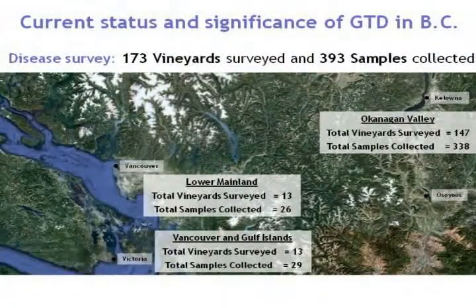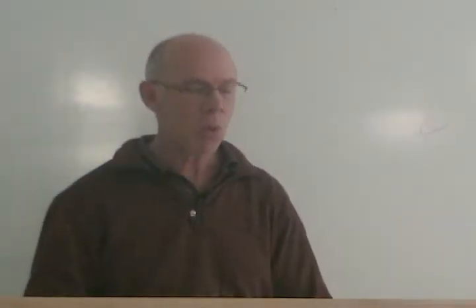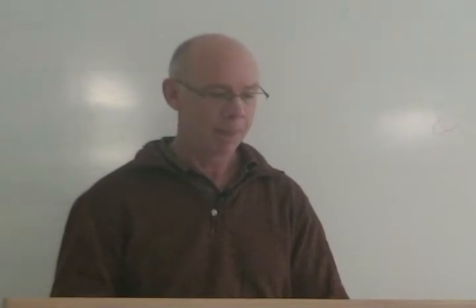So to identify the impact of trunk diseases in British Columbia, we did a survey where 400 samples were collected through vineyards, through the Okanagan, Similkameen, up to the Shuswap area, down on the coast, Vancouver Island, Gulf Islands. These samples were brought back, and we looked at the vascular tissue to see what the samples looked like.